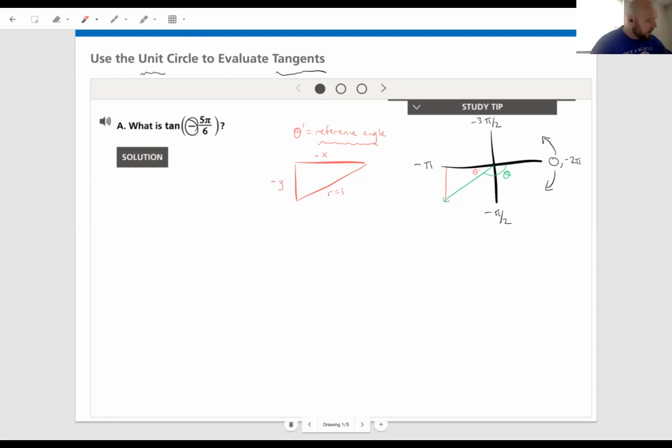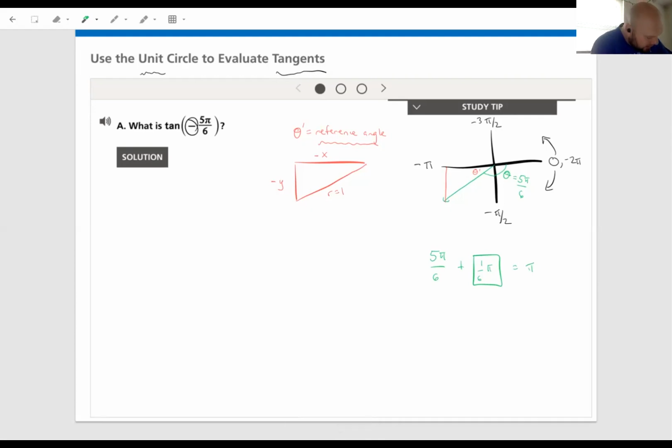So if we moved 5 pi over 6 originally, and a straight line is pi, what do we need to add to 5/6 to get a whole pi? Well, 5/6 plus 1/6 of pi will give me a whole pi.